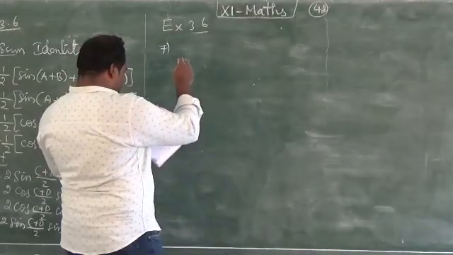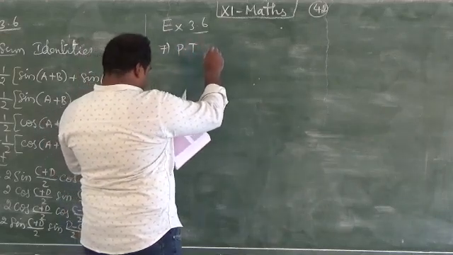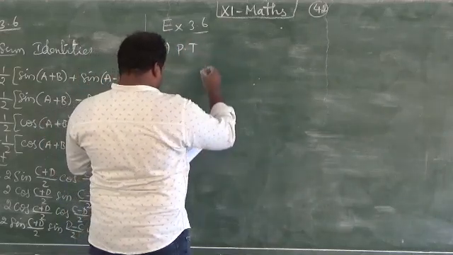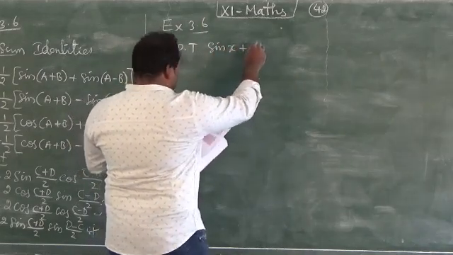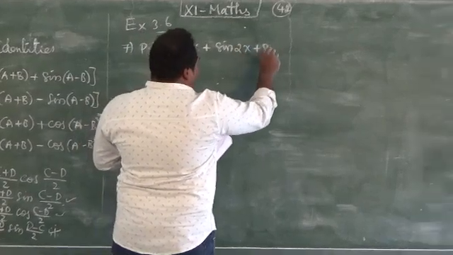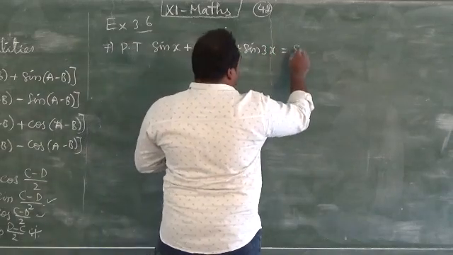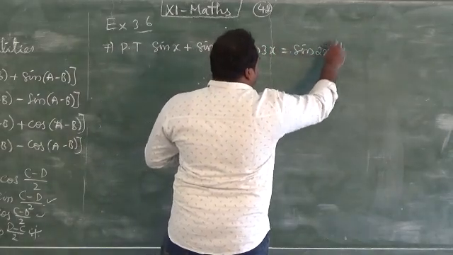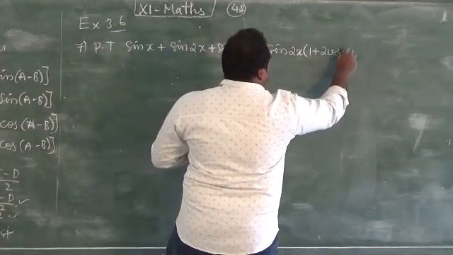Problem number 7, prove that sin x plus sin 2x plus sin 3x equal to sin 2x into (1 plus 2 cos x).